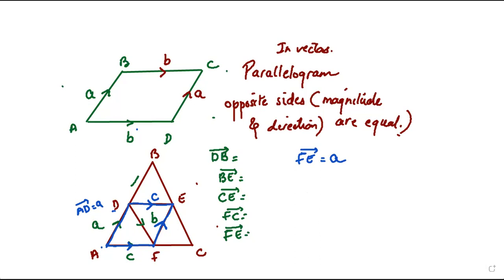So if vector F to E is A, but what they are asking here, they are asking F to E, right? So we have calculated A. I'll write A. Now again, I have to see one by one. They are asking D to B. For D to B, I have to find another parallelogram.